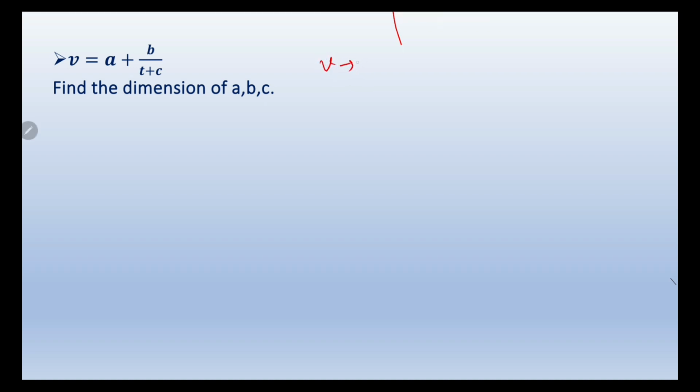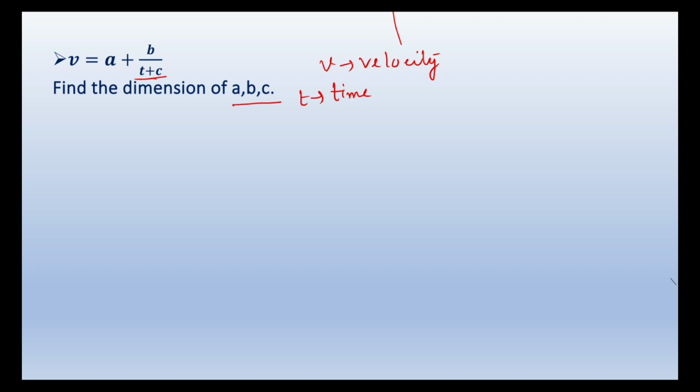Now coming to this equation, v equals a plus b by t plus c, where v is the velocity and t is the time, and you have to find the dimensions of a, b and c. According to the principle of dimensional homogeneity, the dimension of t and the dimension of c will be the same, as we cannot add t and c if the dimensions are different.